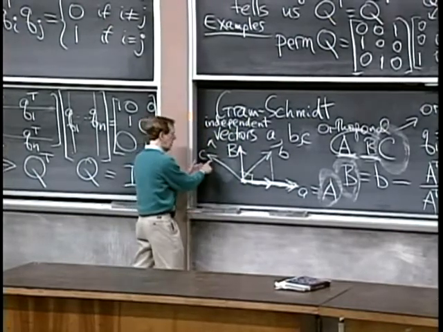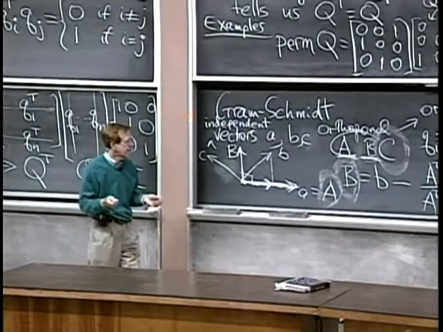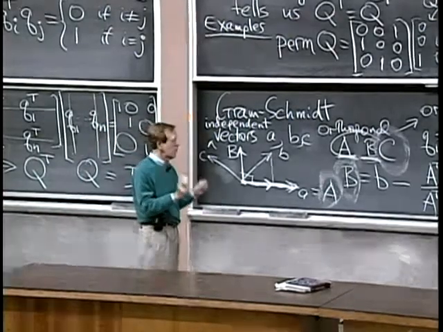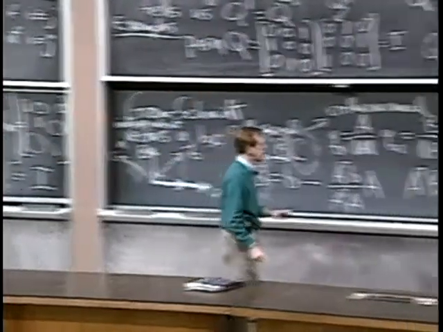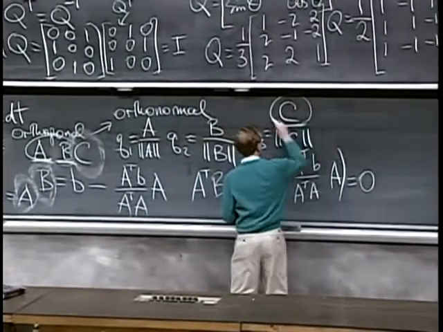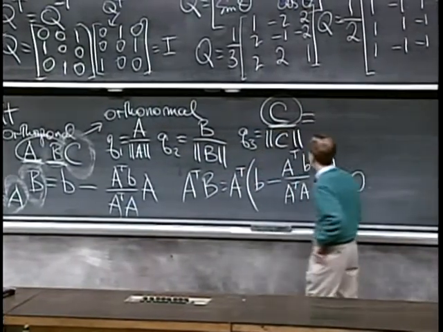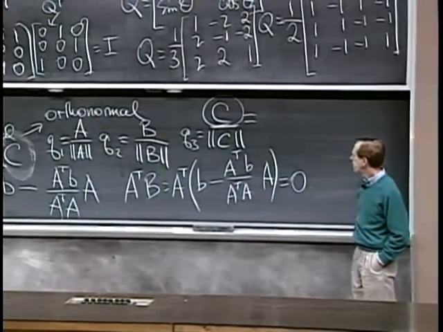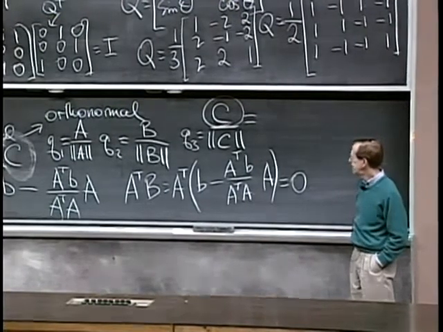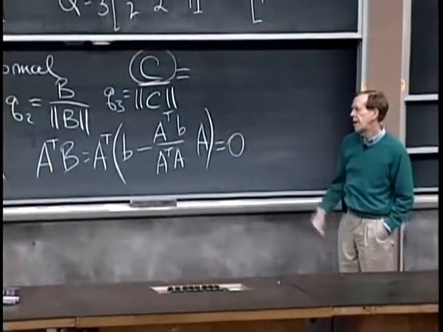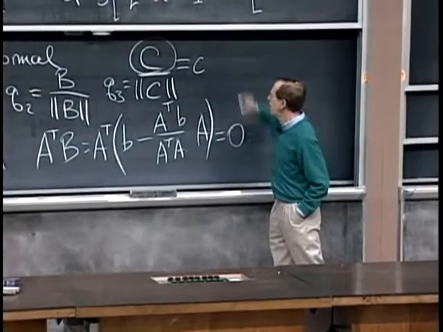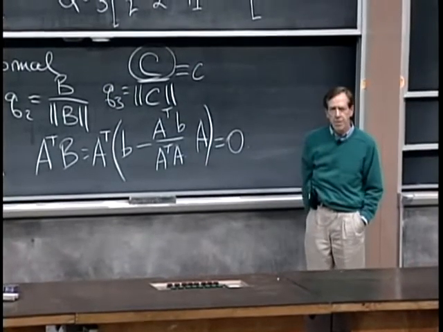So now, what's the idea? Give me the Graham-Schmidt formula for C. What is this C here, equals what? What am I going to do? I'll start with the given one, as before.